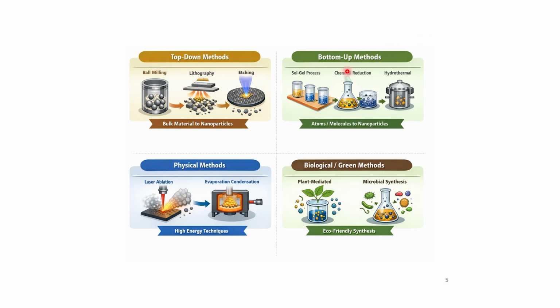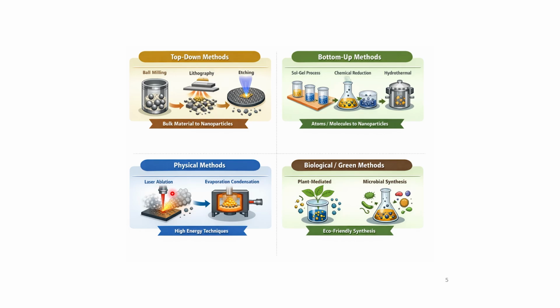Then bottom up methods can be sol gel process, chemical reduction or hydrothermal. So these are from atoms or molecules to nanoparticles. Remember, atoms and molecules are very small in size, and when they come together they form nanoparticles. This is how bottom up methods go.